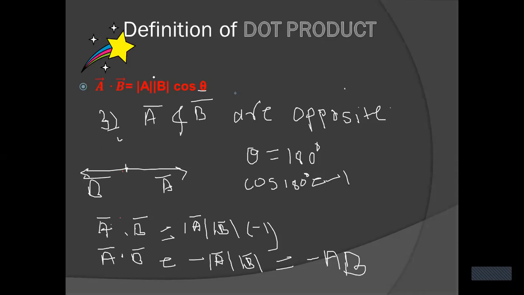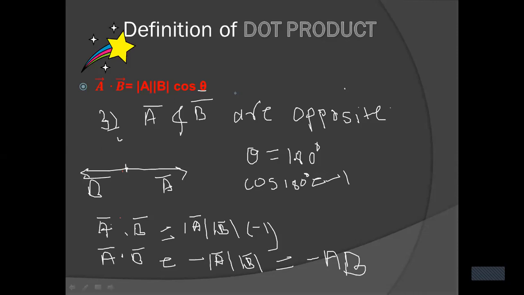They will ask you the equation for dot product, so you should know this equation. Mostly the question is asked on this point: if the two vectors are parallel, opposite or perpendicular, then what is the dot product of any two vectors. Such examples or MCQ questions are asked.